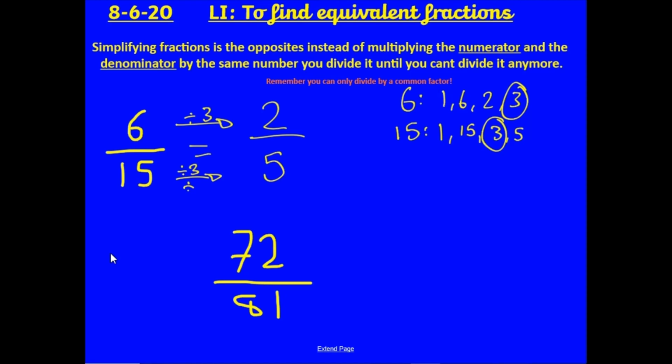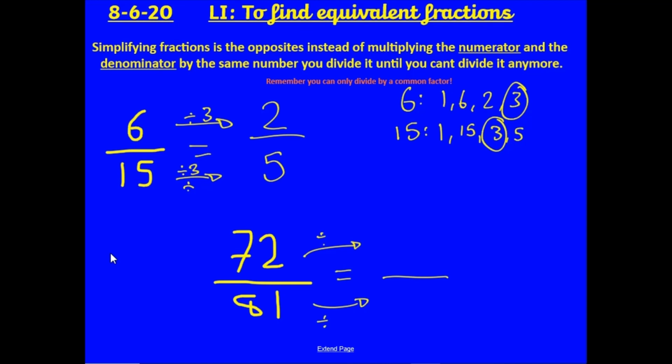And let's have a look at 72 and 81. What could I divide this by, and also divide this by, to give me whole numbers, and that will help me to simplify it. Again, you could write out the factors of each one of these numbers, but maybe you'd already know this. Another way is to do it in stages.